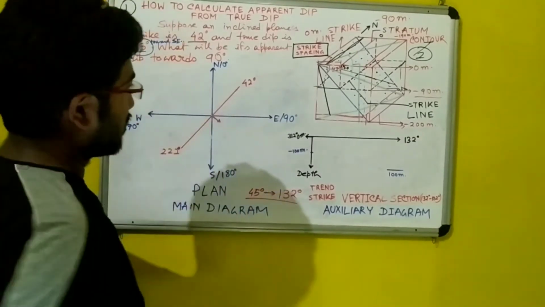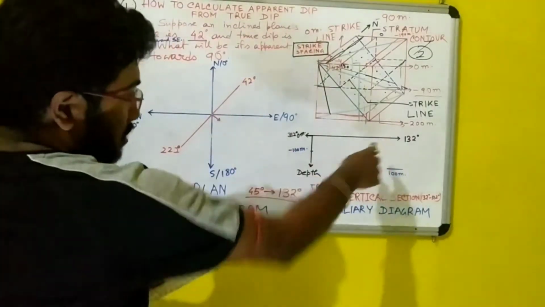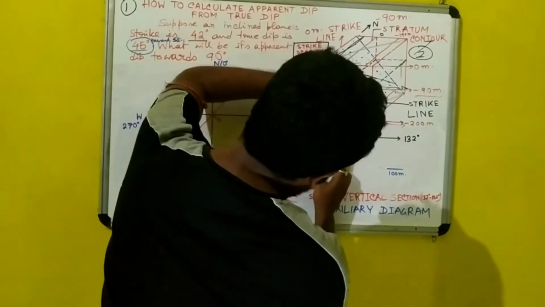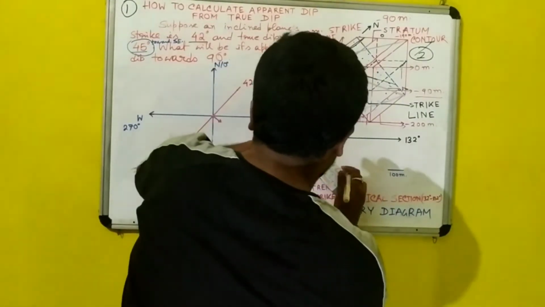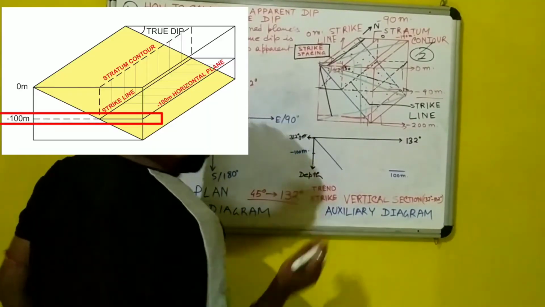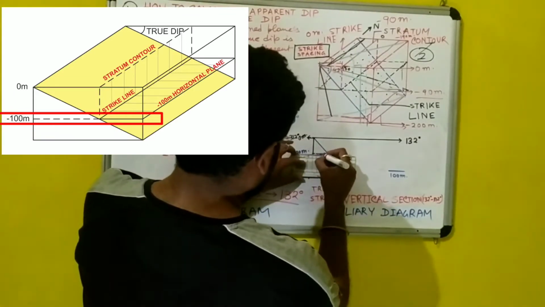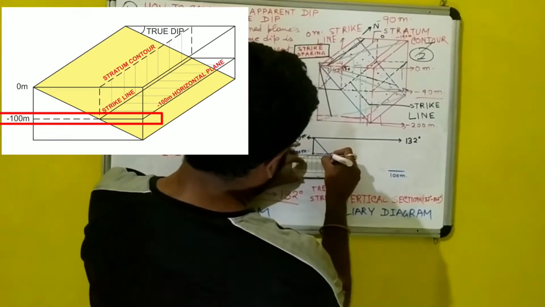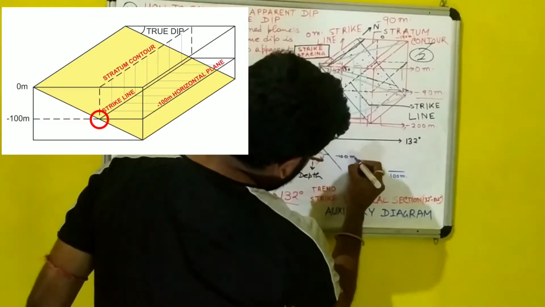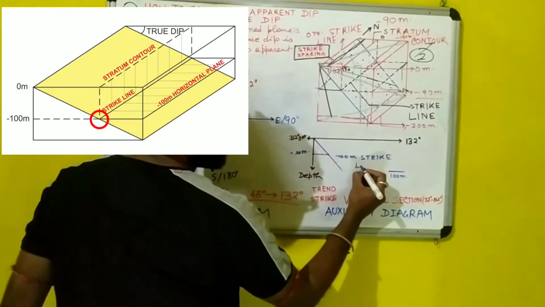And this is the 45 degree dip amount, and that is towards 132. So this is the 132 direction. This is the inclined plane, and if we intersect this minus 100 meter horizontal plane, this is the position of the minus 100 meter strike line.